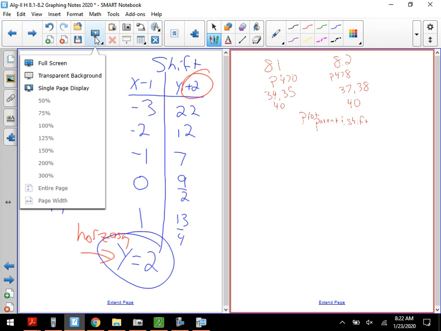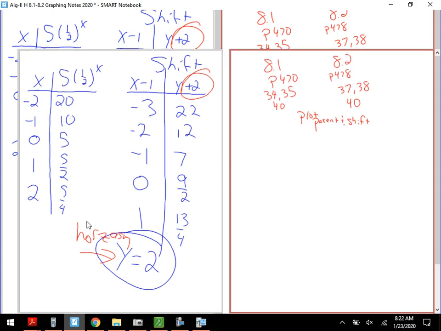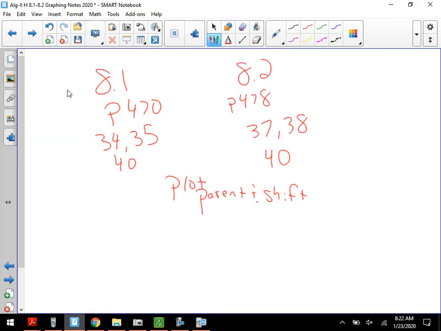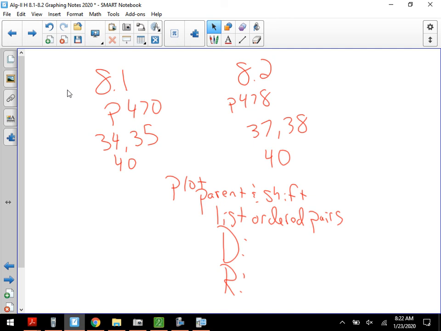They're over the 2 sections, I believe. Let's double check here. 1, 2, 3. 1, 2, 3. Plot the parent and the shift. List ordered pairs. List your ordered pairs. Do the domain and range, just like we were doing here.